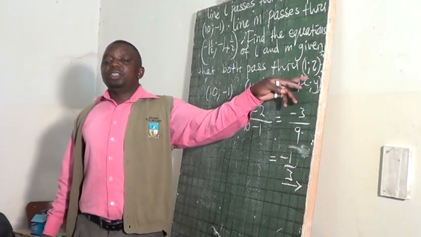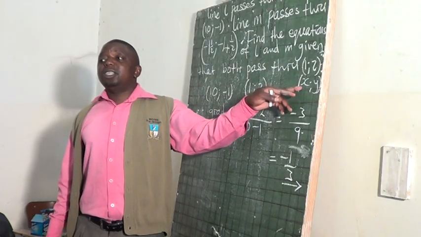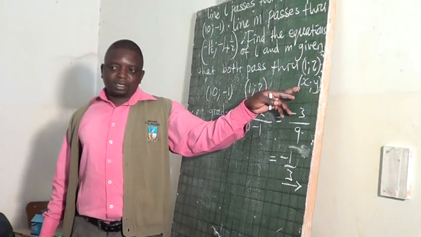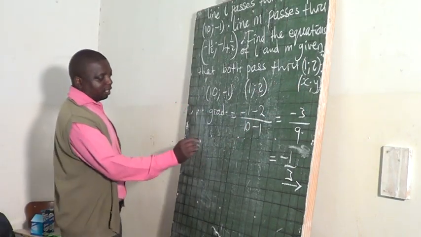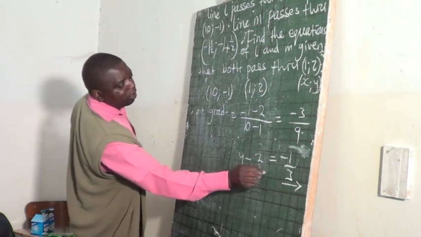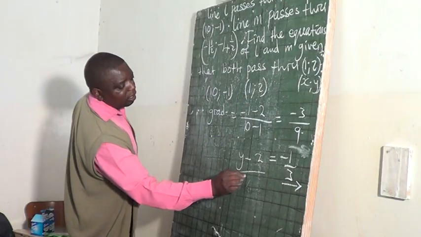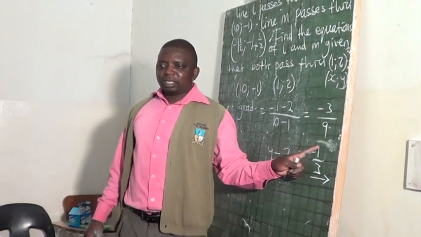With the 2 points, you write down the expression for the gradient. What is the expression for the gradient? y minus 2 over x minus 1 equal to the gradient.